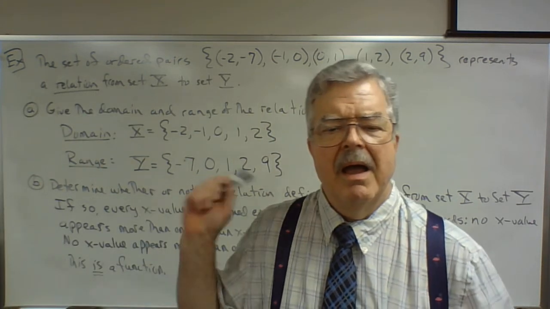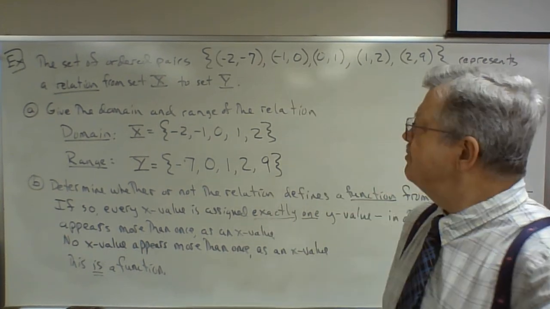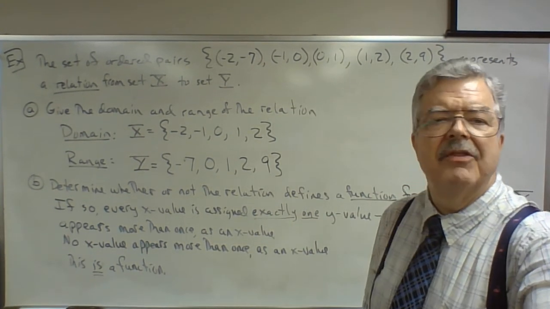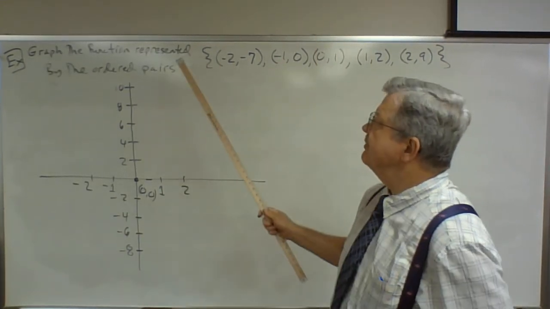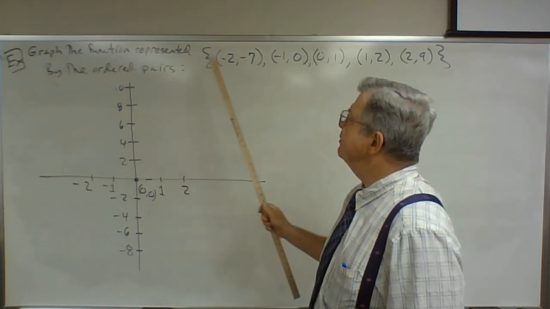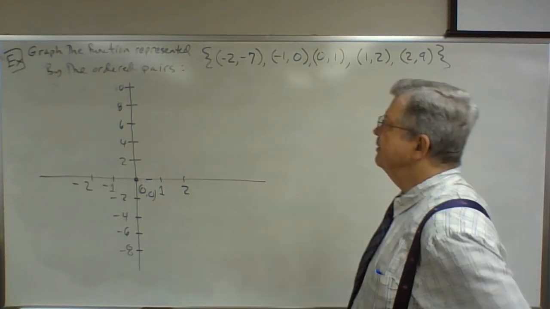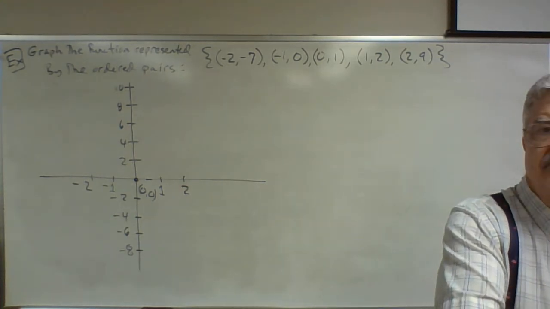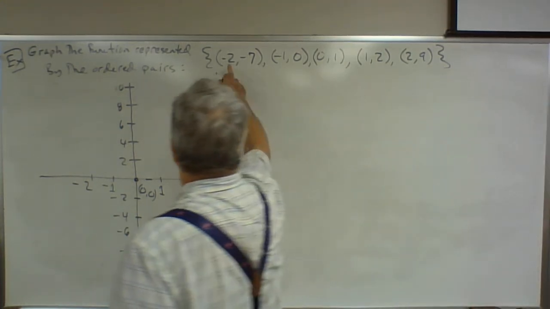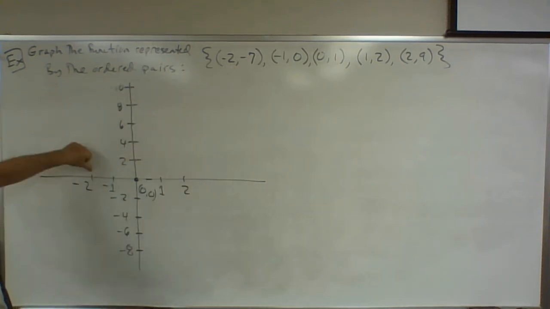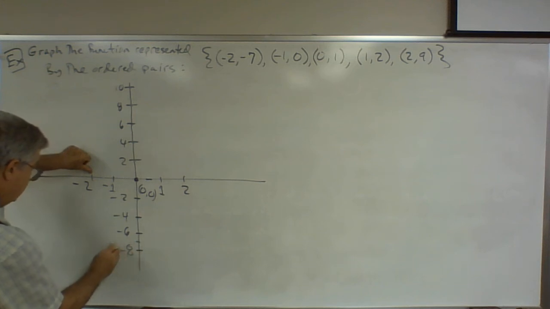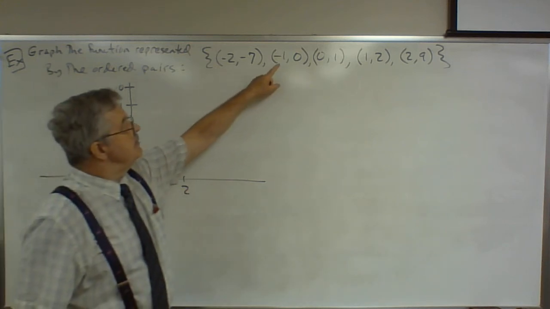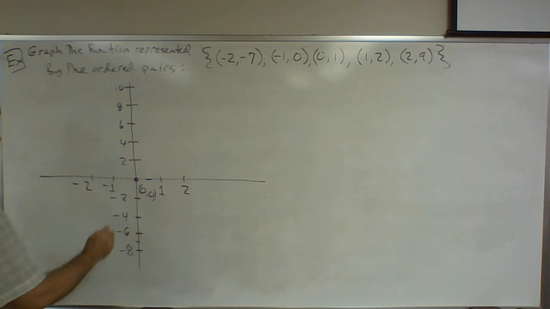I wonder what these ordered pairs would look like in the xy plane. Okay, let's graph this son of a gun. Graph the function represented by these ordered pairs. X equal -2 and y equal -7, so that's down here. X equal -1, y equals 0.